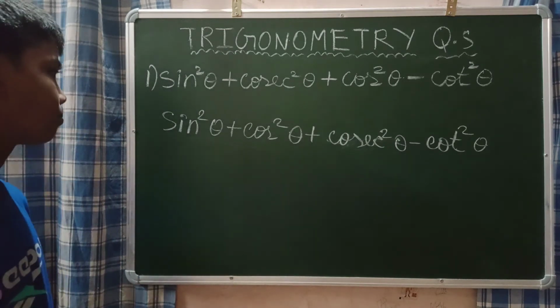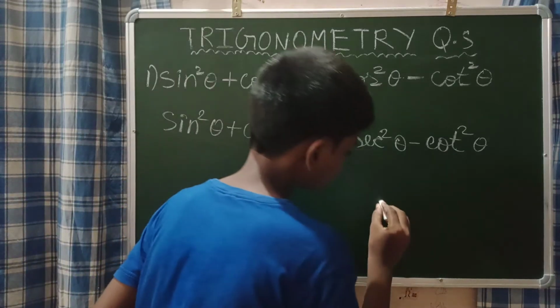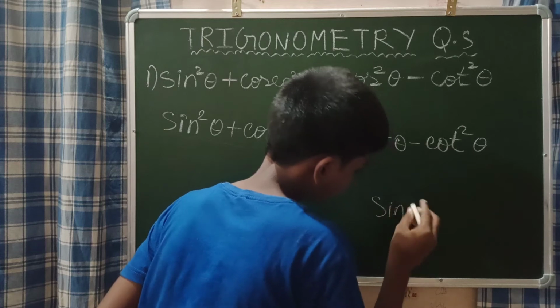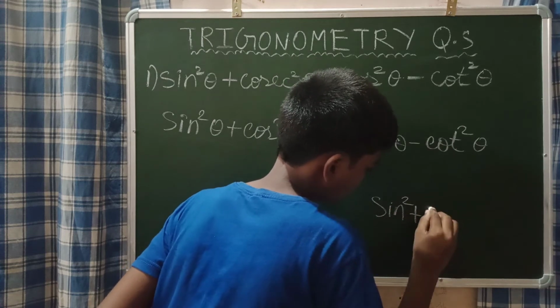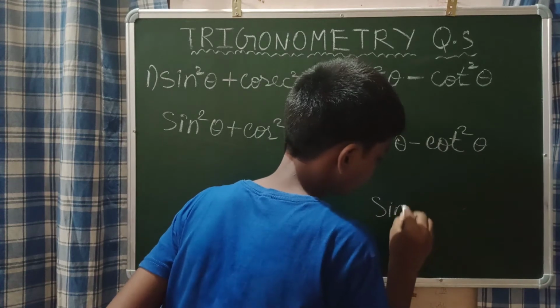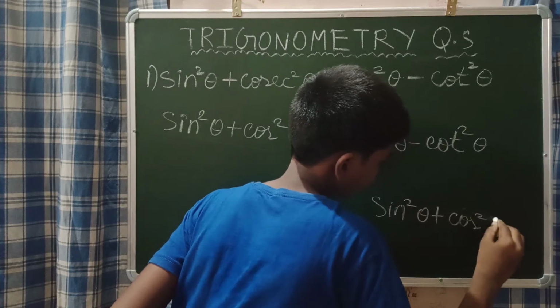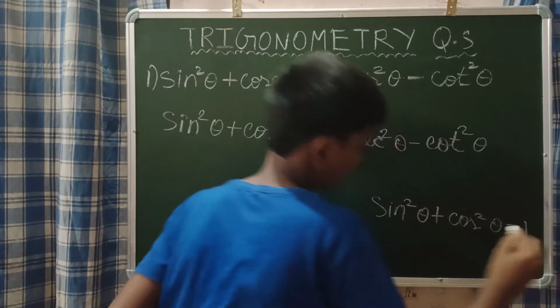Now the reason why I rearranged this is that in the Pythagorean identity we know that sin square theta plus cos square theta is equal to 1.